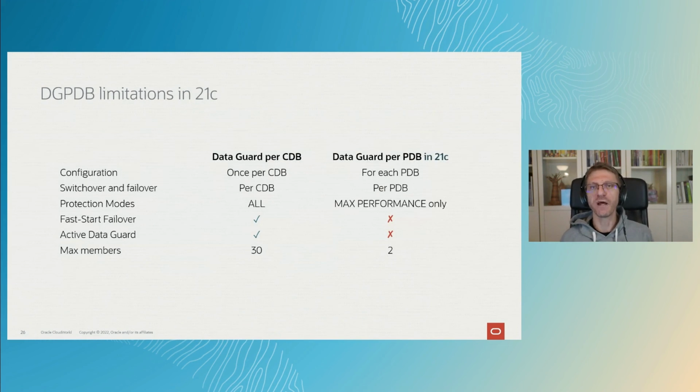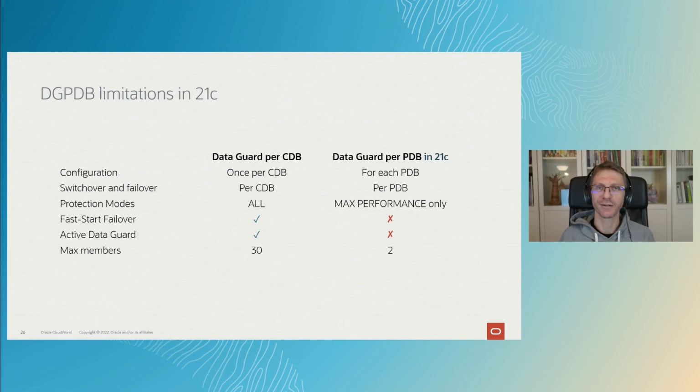Now, it's a very new release, and it's a major re-architecture of the Data Guard architecture and code. So it's still in early phases, and there are some limitations. The plan is that release by release, we will improve this new architecture by filling all the gaps that we have with the traditional Data Guard.